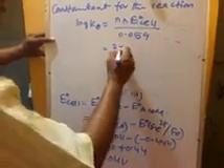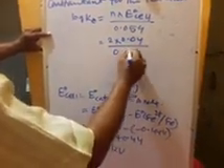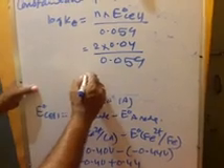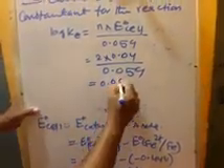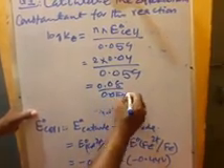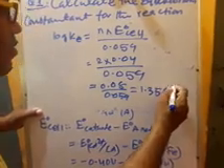Therefore log Kc is equal to 2 into 0.04 divided by 0.059, and its value is found to be 1.356.